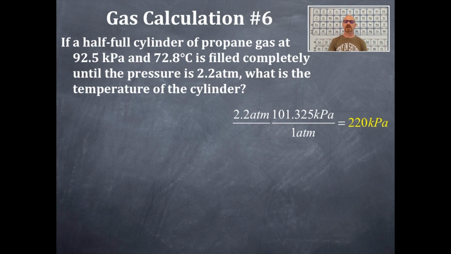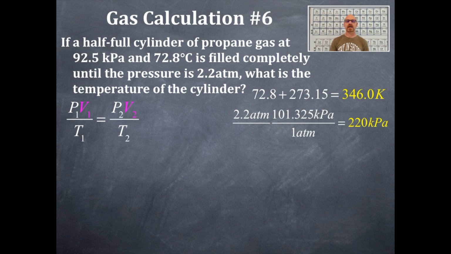I also have to convert the 72.8 degrees Celsius into Kelvin. Here's this conversion into Kelvin. 72.8 has one decimal place, so it's significant in the tenths position. After I add the 273.15, I round such that I have a number that is significant in the tenths position. Fantastic. Now we're going to look at Gay-Lussac's mathematical equation.